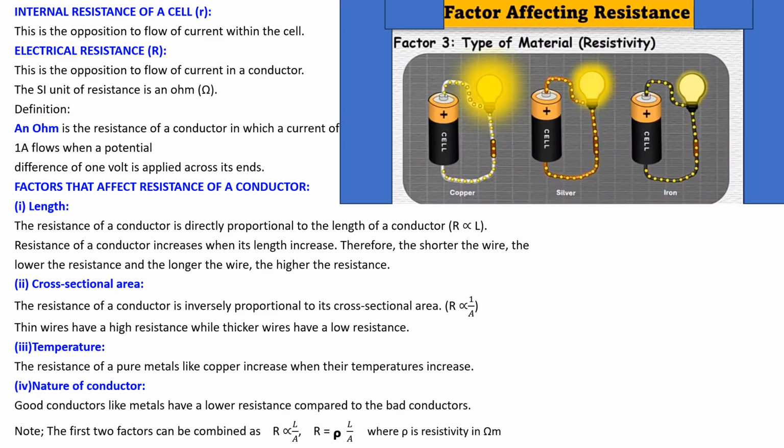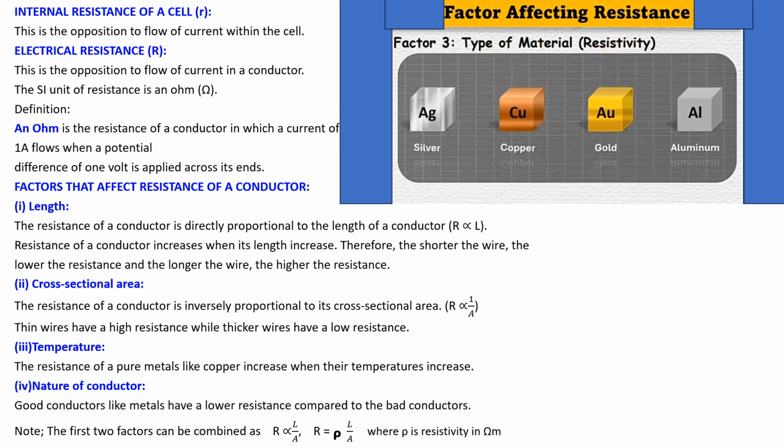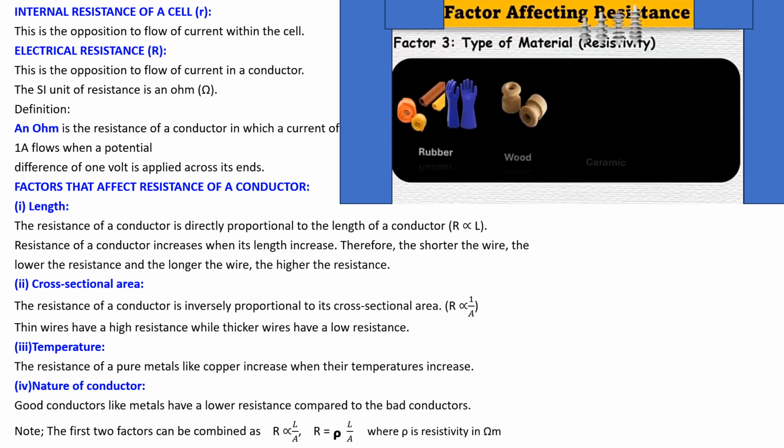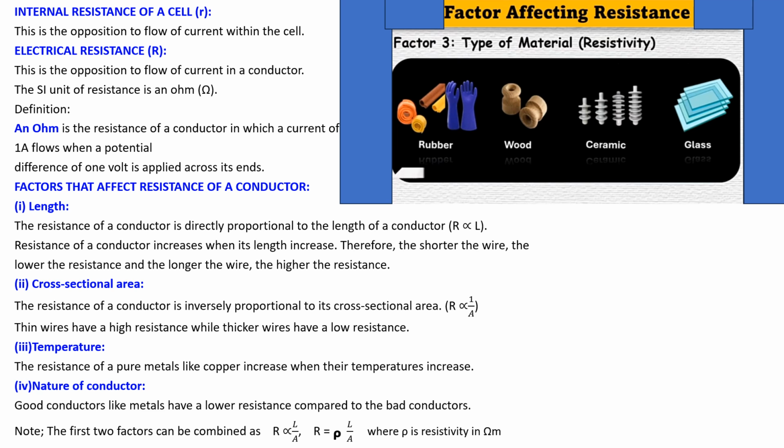Type of the material: copper is the best, followed by silk and iron. We can investigate this in our lab using the same gadget and discover how the current, or the brightness of the bulb, changes. The insulators, such as rubber, wood, ceramics and glass, do not conduct electricity.